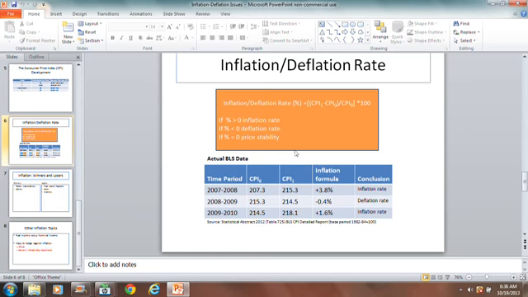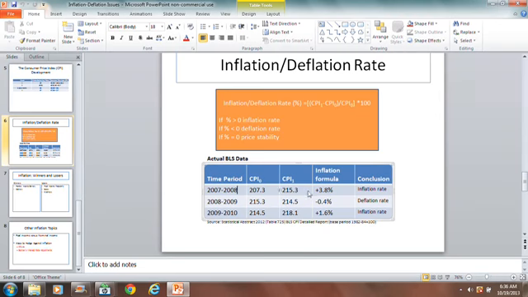To illustrate this, I use some actual BLS data, and this data is on an annual basis where they calculate the CPIs for each year. And let's look, for example, at 2007, 2008. So for this time period, I would assign 2008's CPI to CPI 1 because 2008 is the most forward in time.